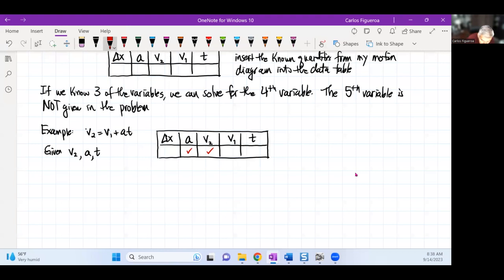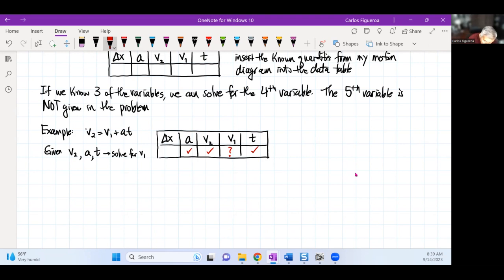I know that I'm given A and I know that I'm given time here. But what I'm solving for, I want to solve for V1. So I put in a question mark to tell me that's the variable that I'm solving for.